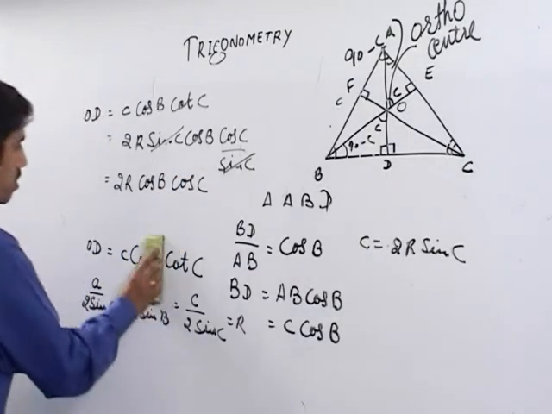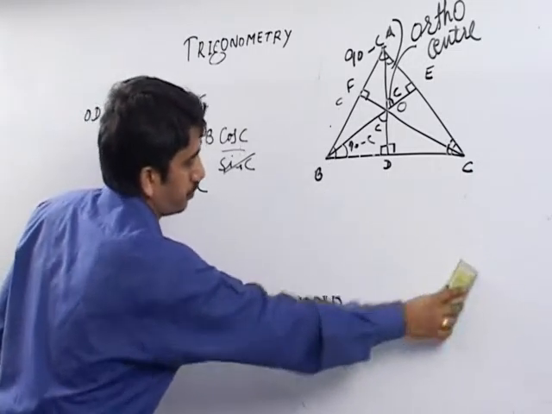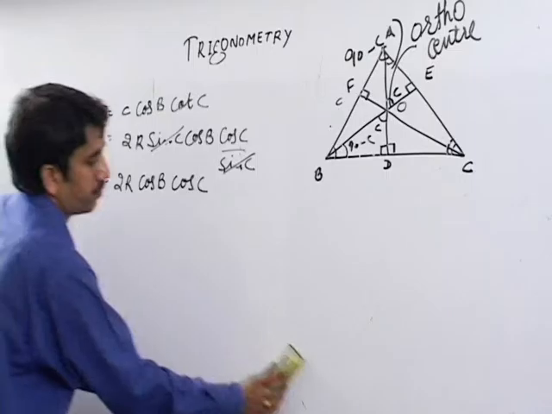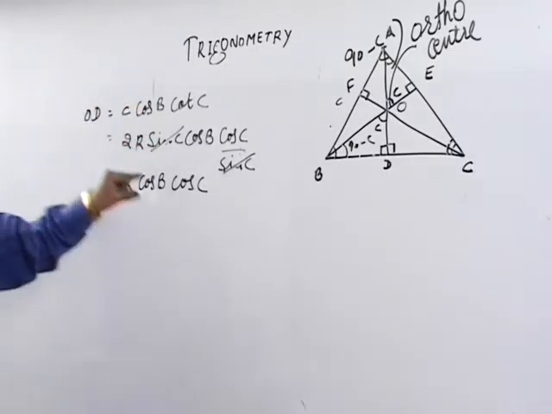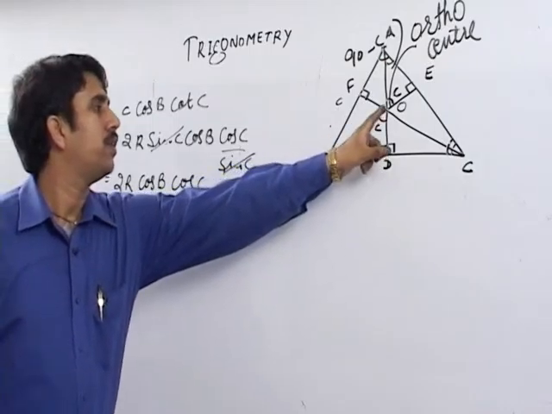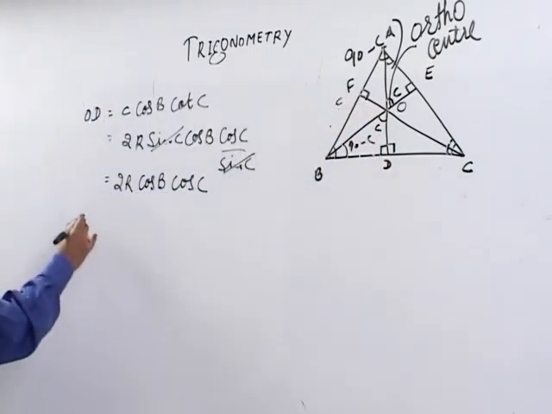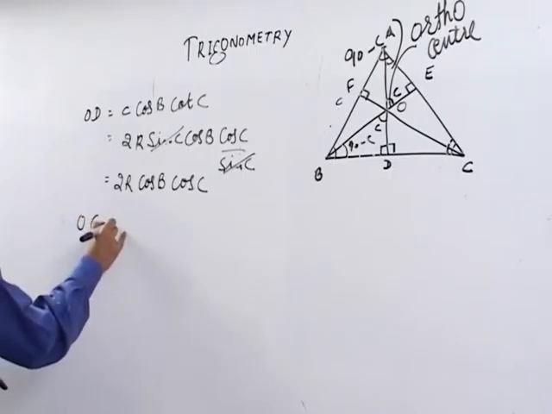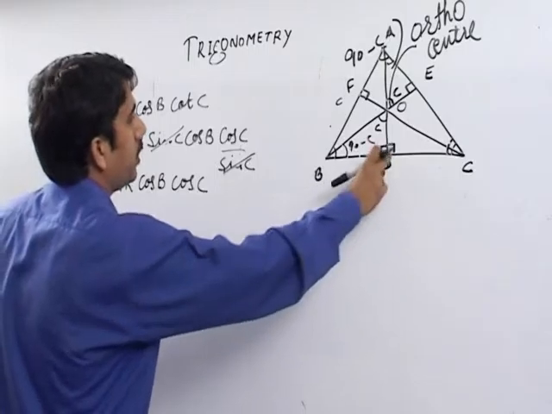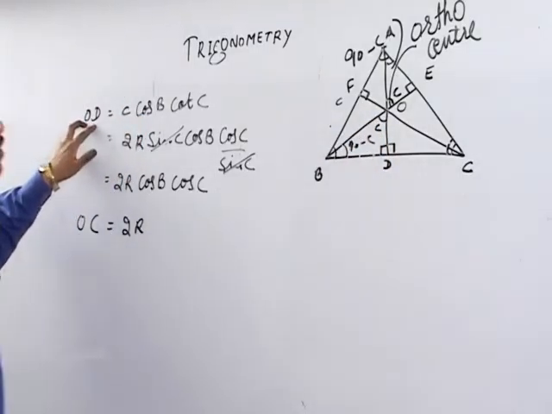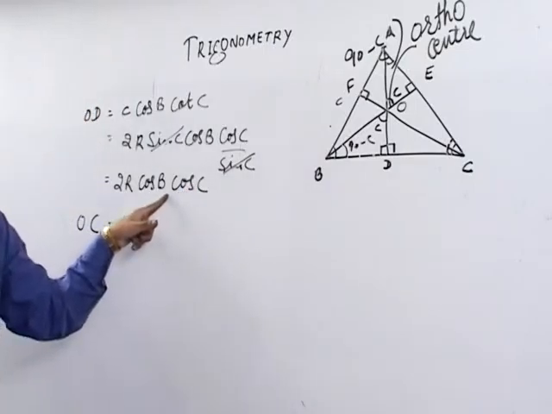Similarly, you can find out that this was OD. Now you can find out OC. Now OC will be equal to 2R, since OD was opposite to angle A, so angle A was absent.